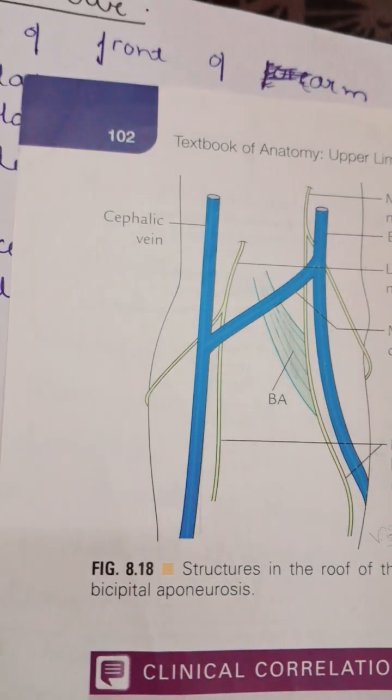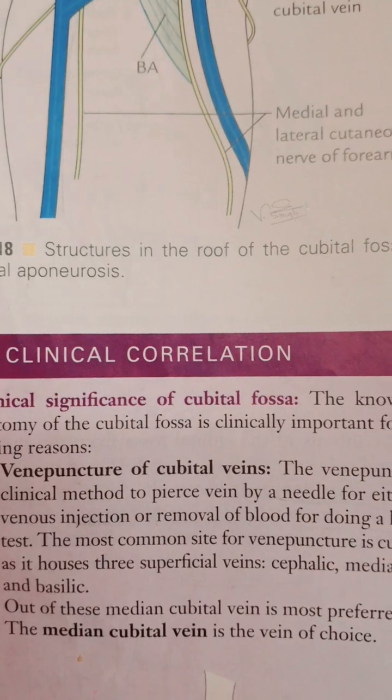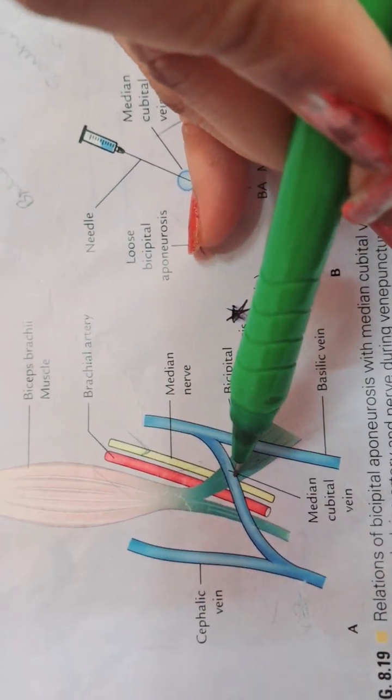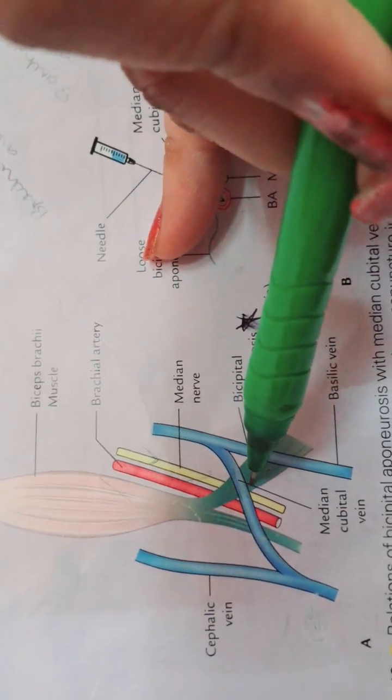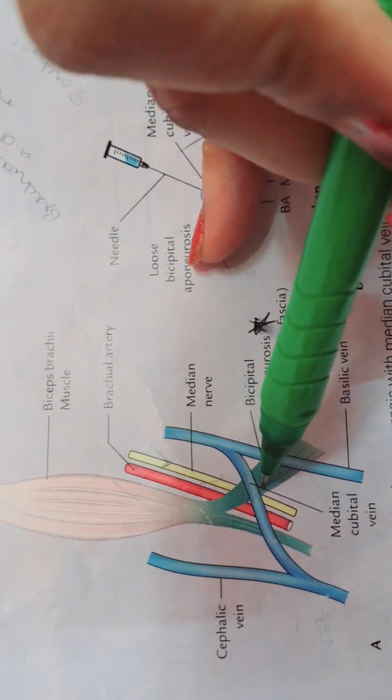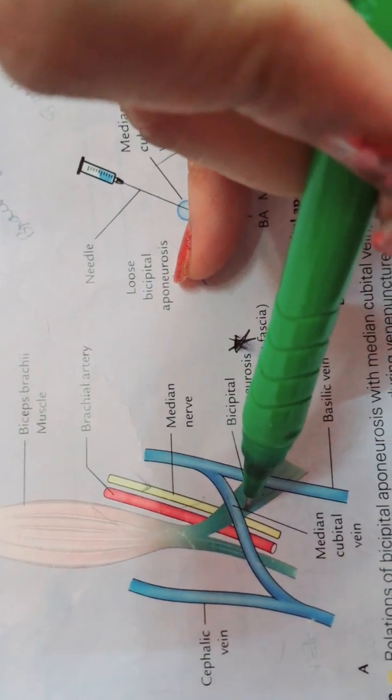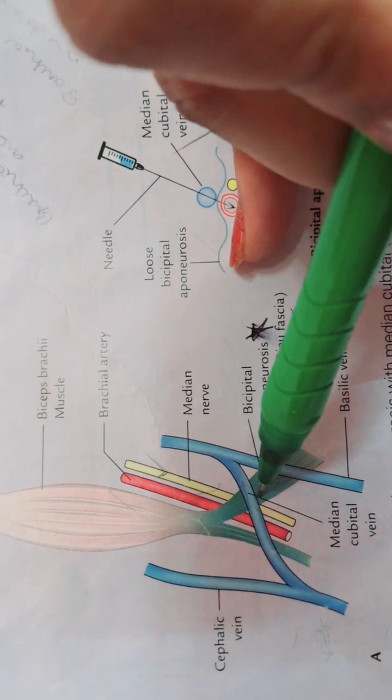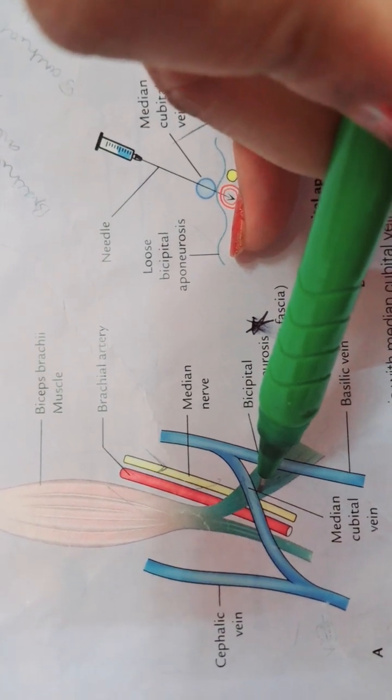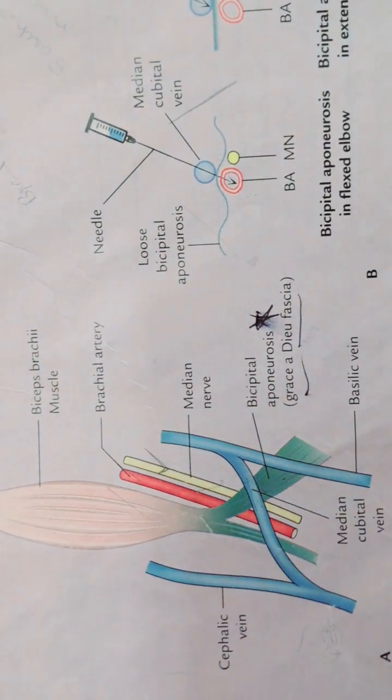So let us see the venipuncture of the cubital veins. The median cubital vein is the most common site for venipuncture in the cubital fossa. It is the most prominent vein, and tends to remain stationary.